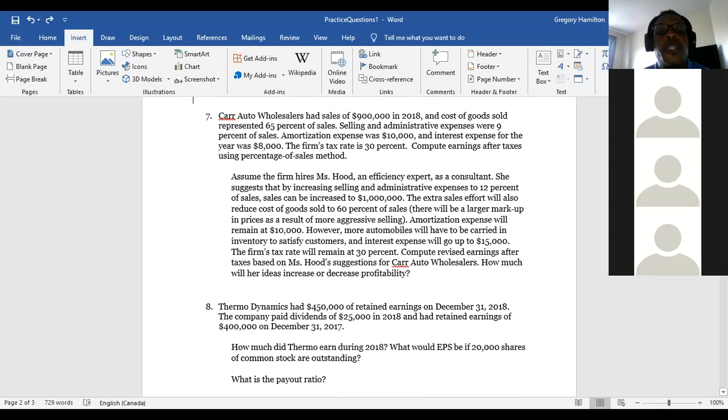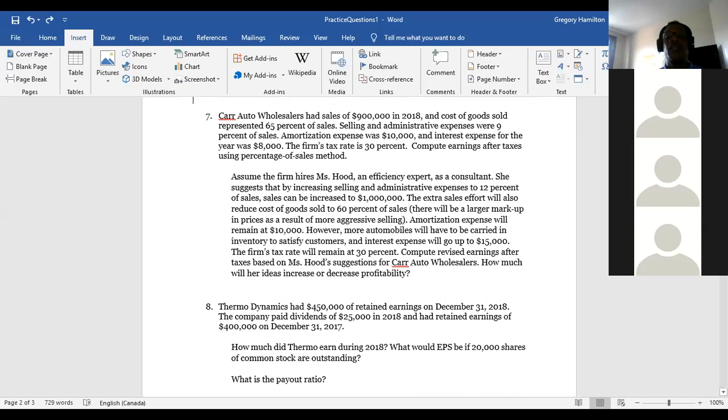Car wholesale had sales of 900,000 in 2018. Cost of goods sold represented 65% of sales. Admin expense was 9% of sales, amortization was $10,000, and interest expense for the year was 8,000. The firm tax rate is 30%.